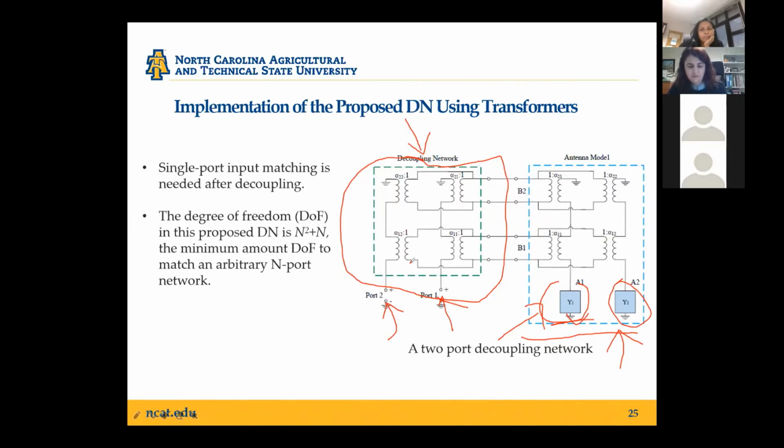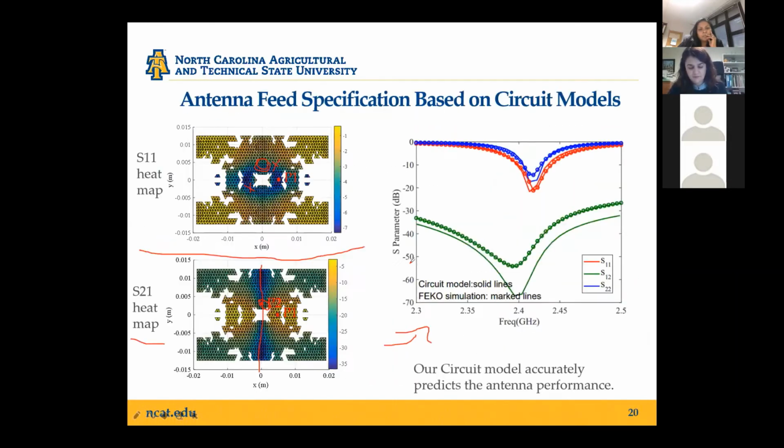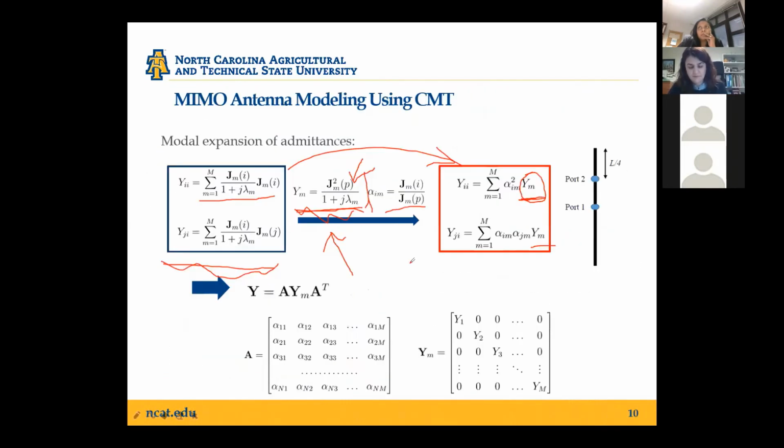Do you have any suggestion? I see your point. That's a very good question. So basically, your question is equivalent to asking, can we realize this transformation network using some other LC networks instead of transformers?